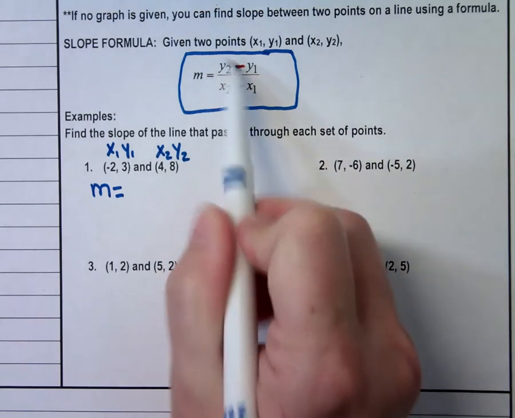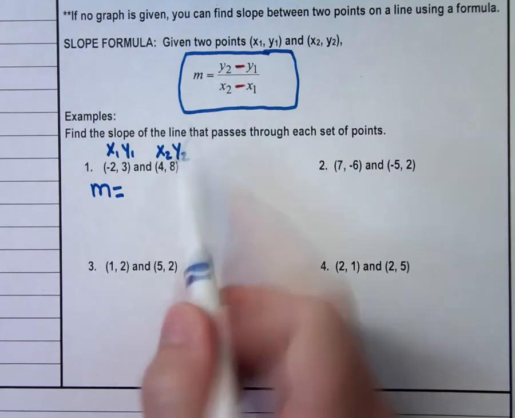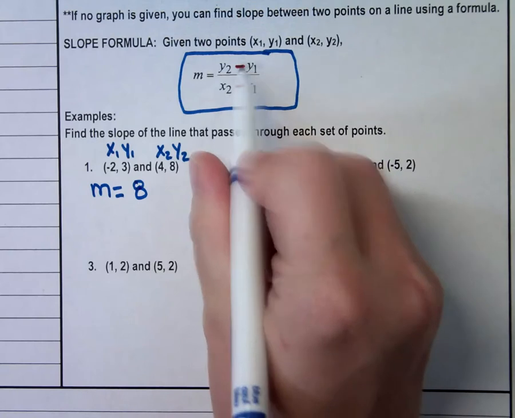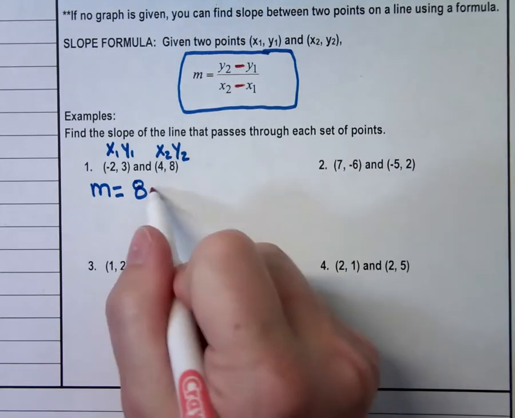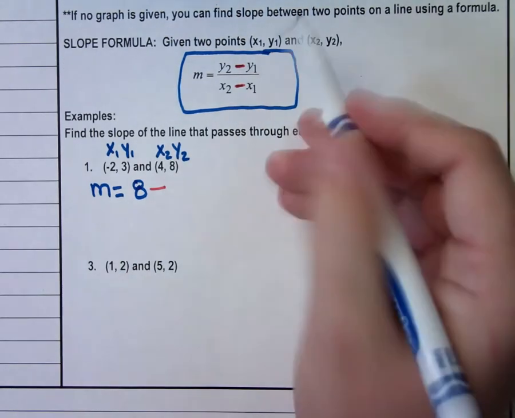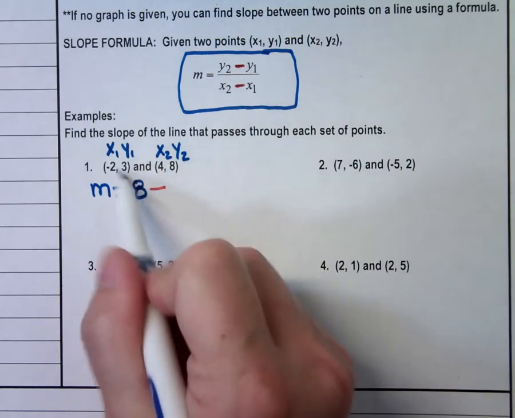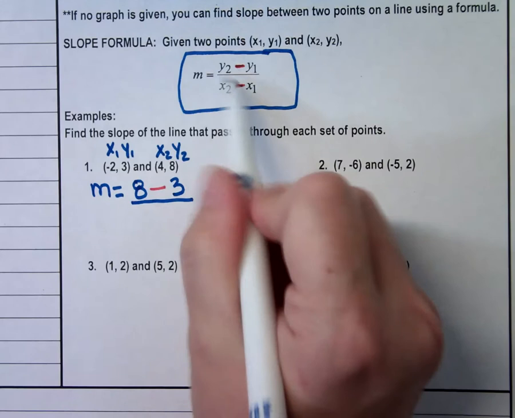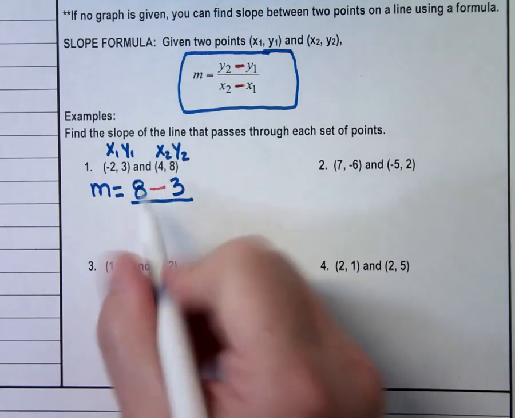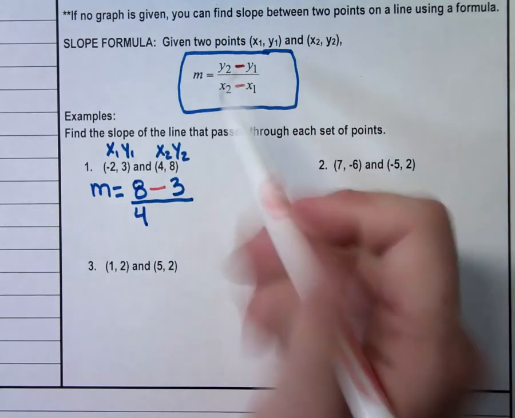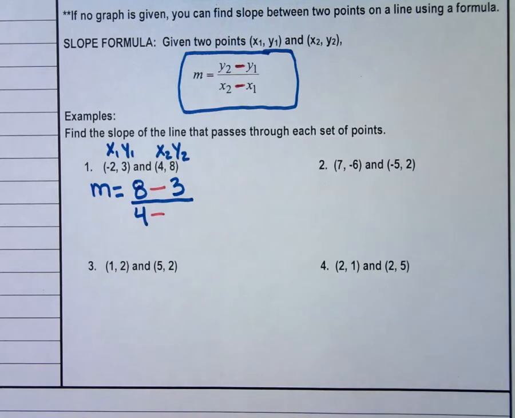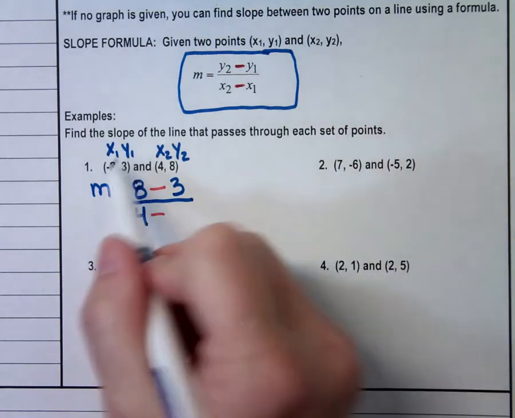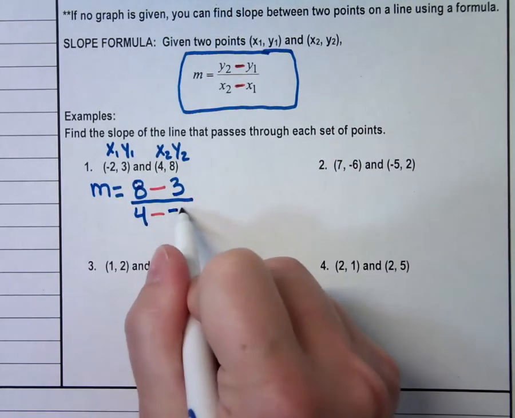It tells me to write my y2, so my y2 is an 8. Then it says minus, so I put a minus sign. And then it says y1, so y1 is a 3. I put my division bar. Then it says x2, so x2 is a 4. And then I put my minus sign. And then x1 is a negative 2.